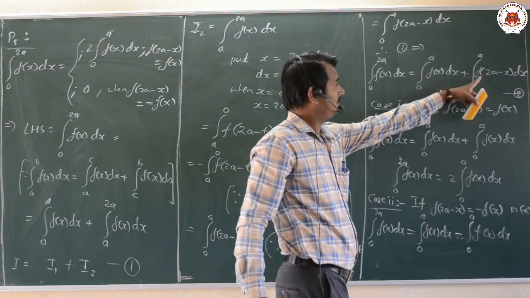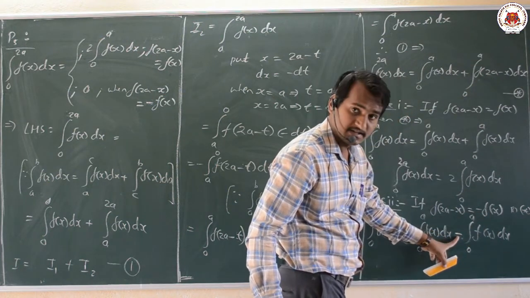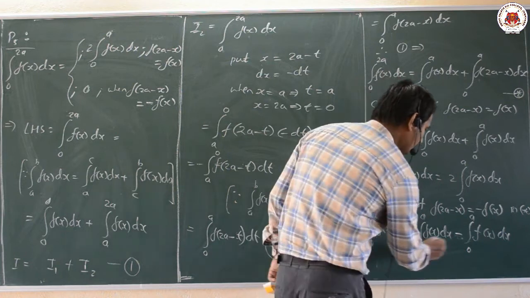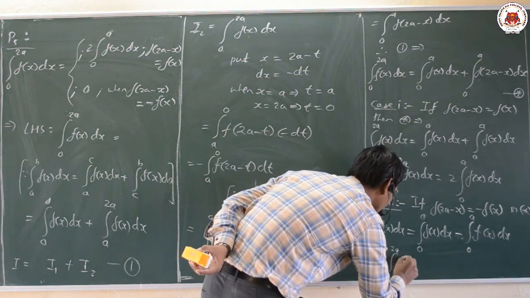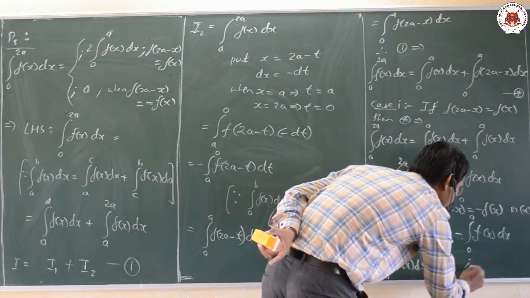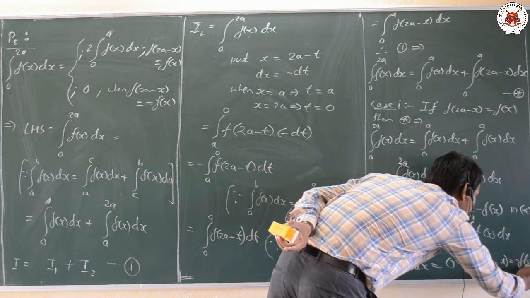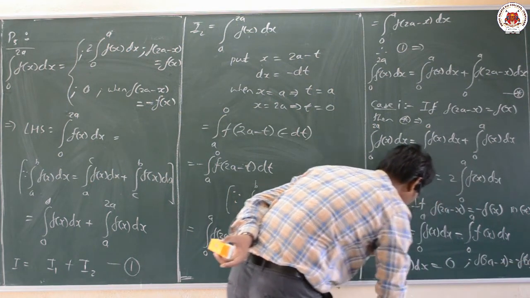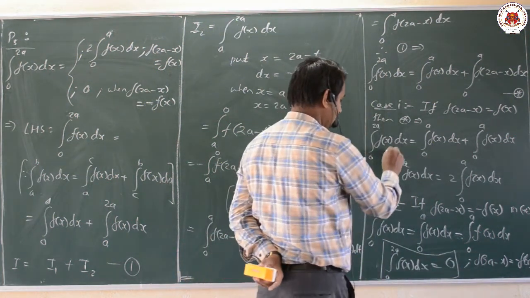I am substituting 2a minus x equals minus f of x and taking minus f of x outside. Now these two terms eliminate, so the remaining part, integral from 0 to 2a f of x dx, the value will be 0. The condition is when f of 2a minus x equals minus f of x, and that is your required result.